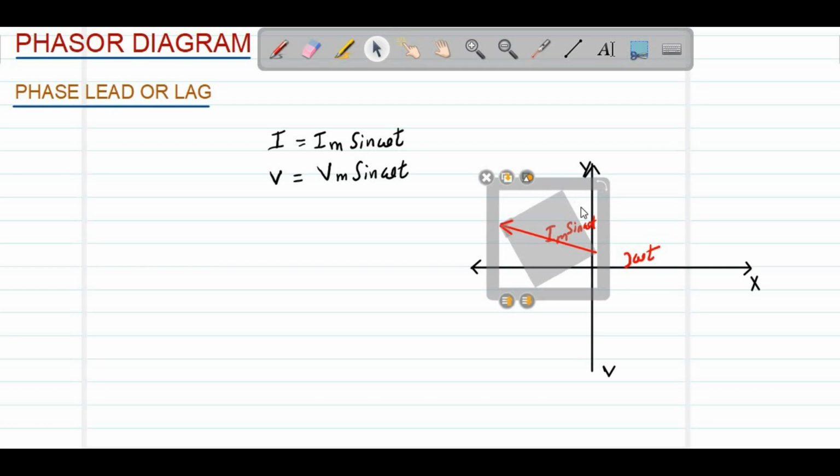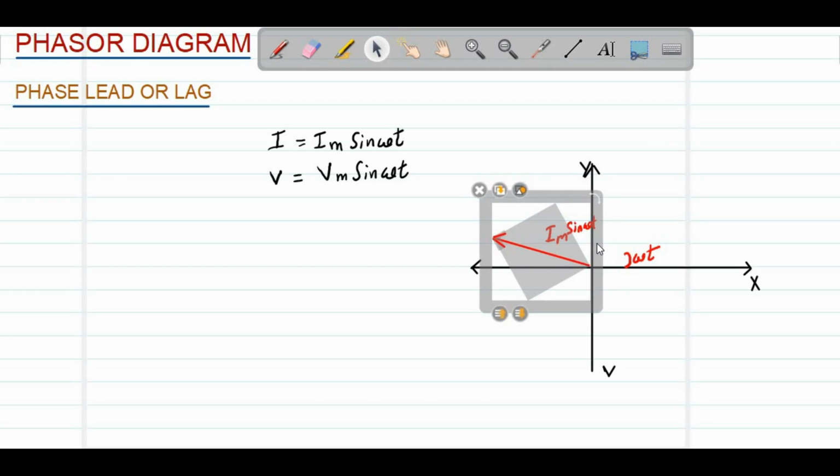Again when it rotates, the projection will come from here till this one only. That is, the Im into sin omega t values keep on decreasing.